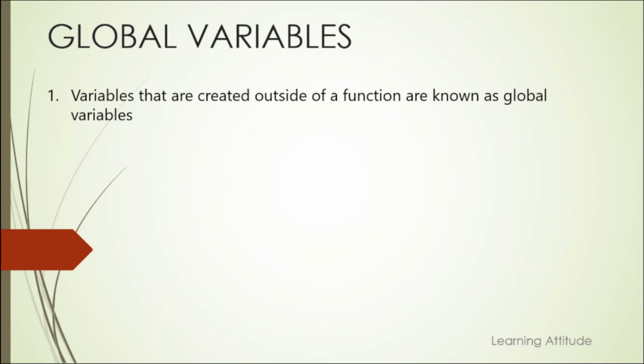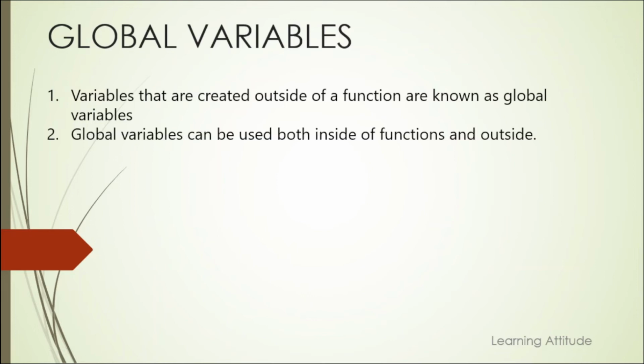If you declare 2 or 3 functions, you can use the same variable in those functions, and also in the main body of the program. Global variables can be used both inside and outside of a function.